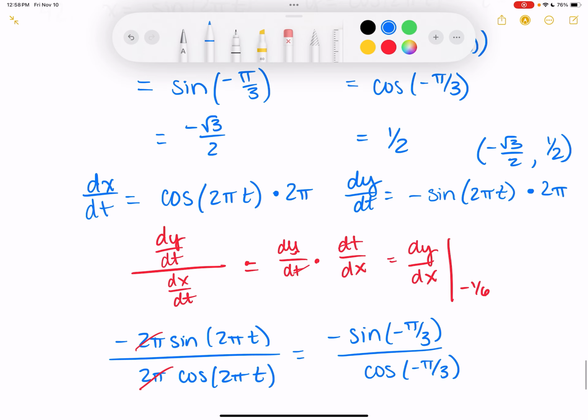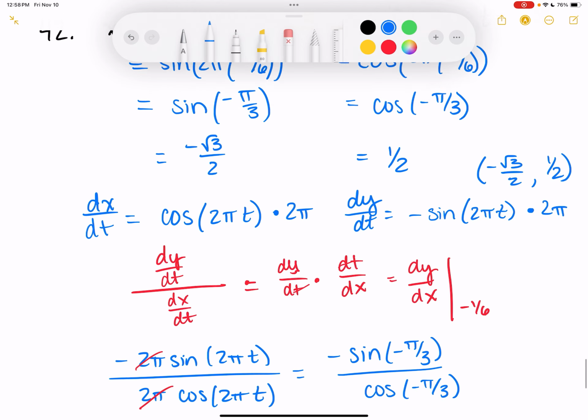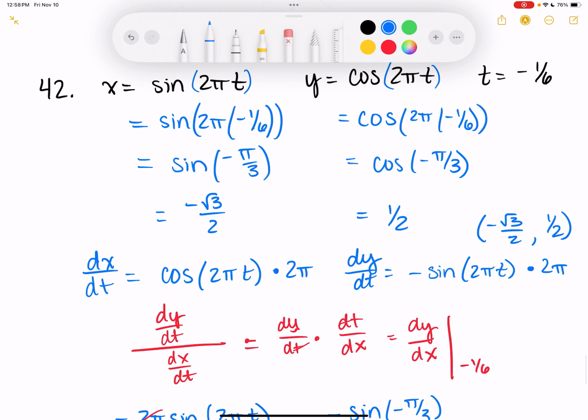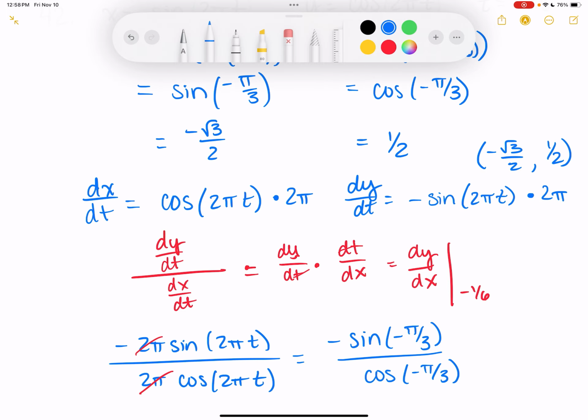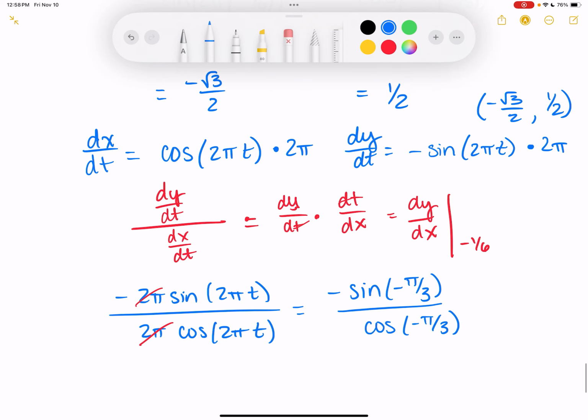And because we thought ahead and went ahead and solved those, other than the negative out front of the sine, that won't always be the case, it just happened. Then that's going to become a positive root 3 over 2 on top. And on the bottom is 1/2. So then keep, change, flip, 2's cancel, and I'm left with square root of 3, which is my slope.